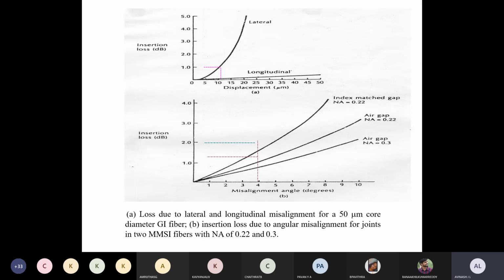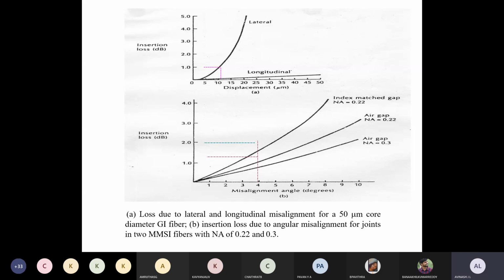When there is an air gap and the numerical aperture is 0.3, how much loss is there? With an air gap and numerical aperture equal to 0.22, how does it behave? And if it is an index matched gap, what loss curve can we see in the graph?